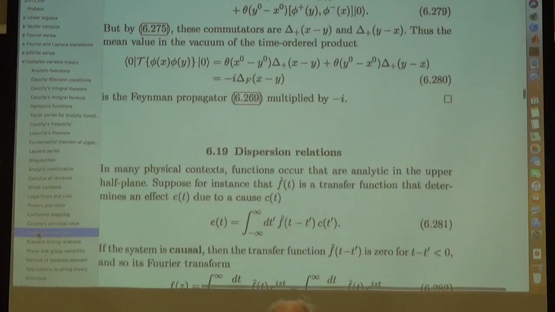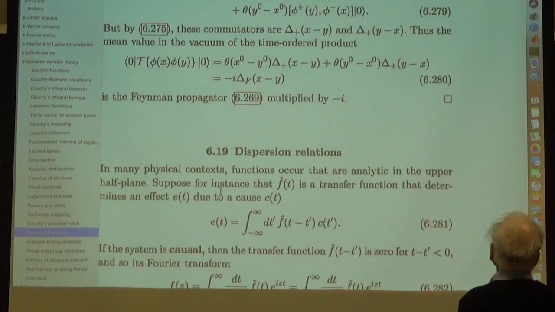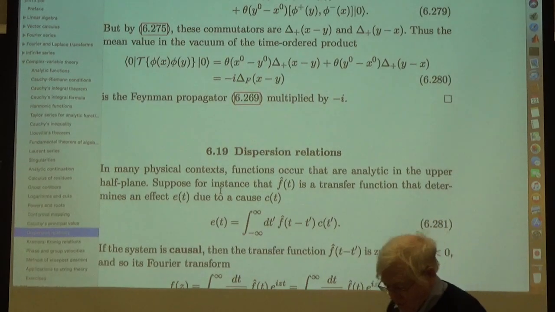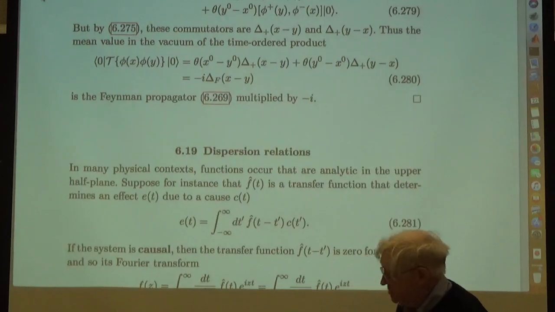So we were basically starting dispersion relations, and there are 2 things involved in dispersion relations. One is ghost contours.